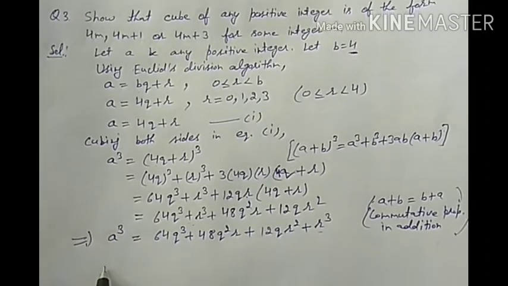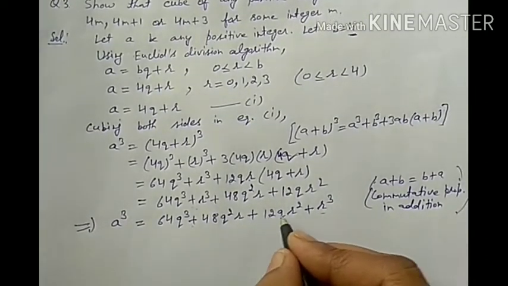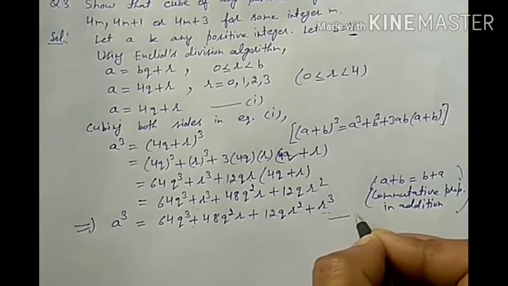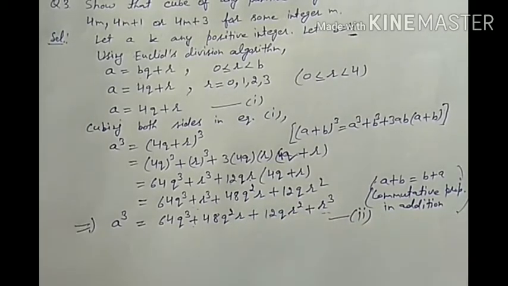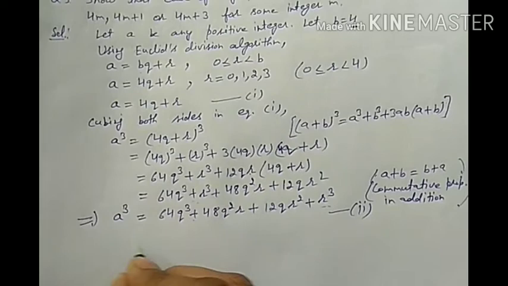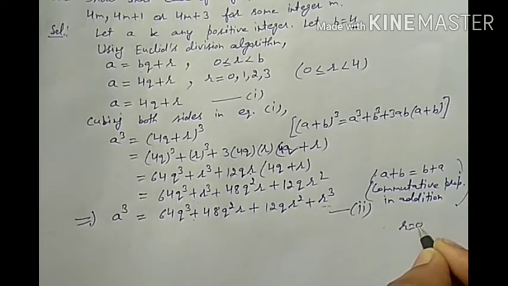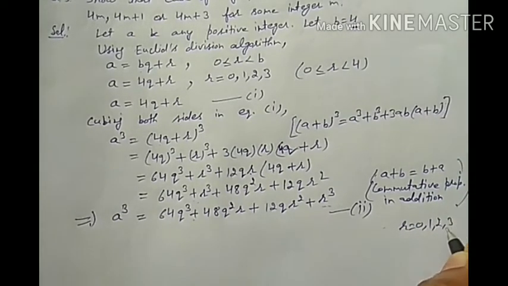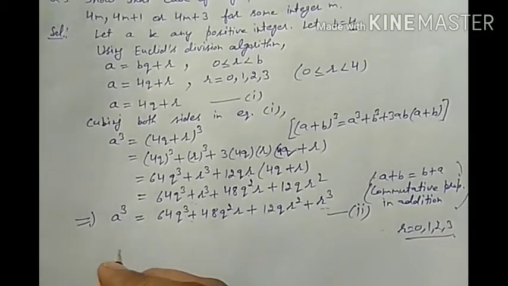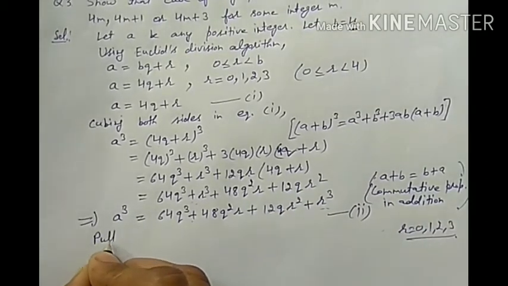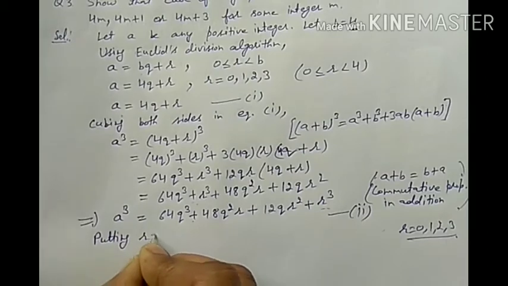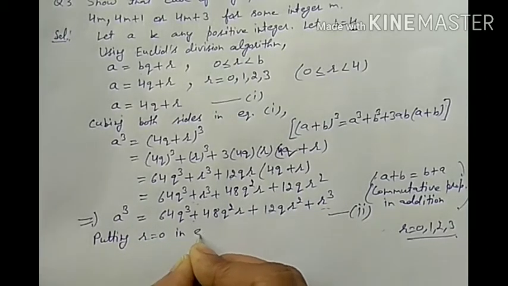Now let's consider it equation number 2. Now our r is equal to 0, 1, 2, 3. Now we will put r is equal to 0 in equation 1.